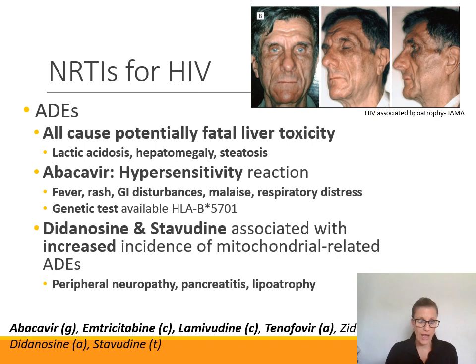All of the NRTIs can cause potentially fatal liver toxicity. It typically shows as lactic acidosis, hepatomegaly, and then fatty liver as well. So it is very important to monitor liver function tests and to keep an eye on the patient's liver.